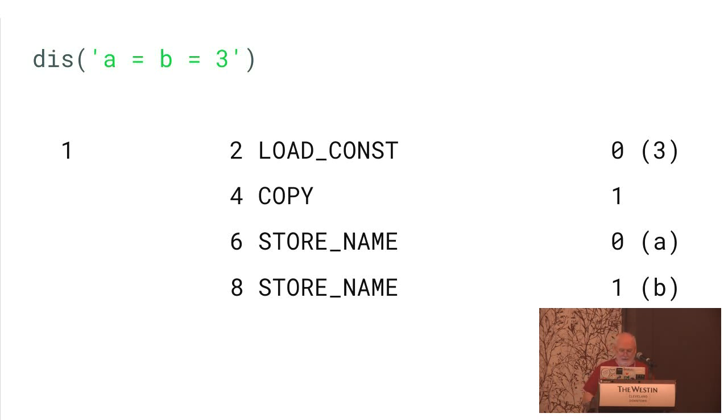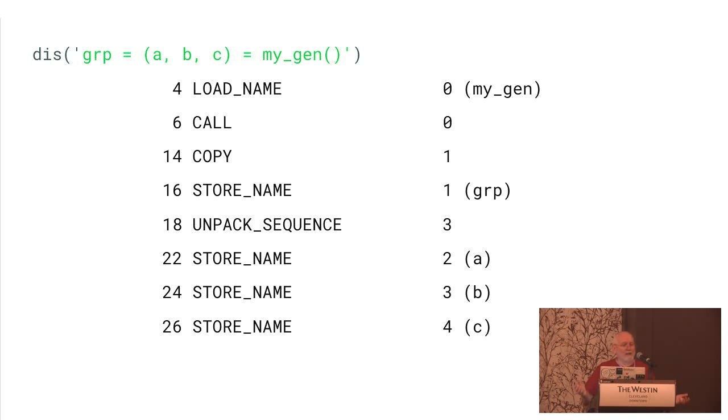Because if we look at the generator example, the same basic thing is happening. I'm not unpacking that generator to ABC, which then becomes a tuple that I assign to group. I'm actually putting the name of that generator on the stack. I'm calling it, which creates that generator object, and then I copy the reference. So now I have 2 references to the same generator.